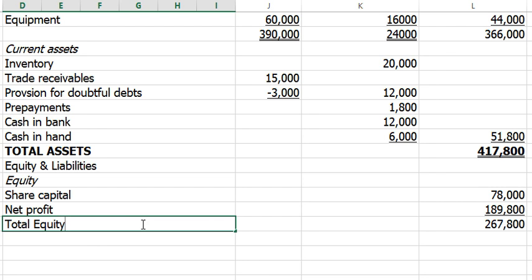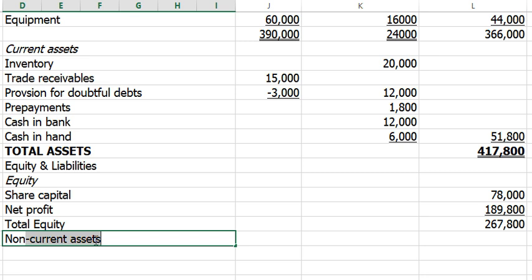Retained earnings will be the accumulated profits from the previous years. From equity, I'll move to the non-current liabilities.